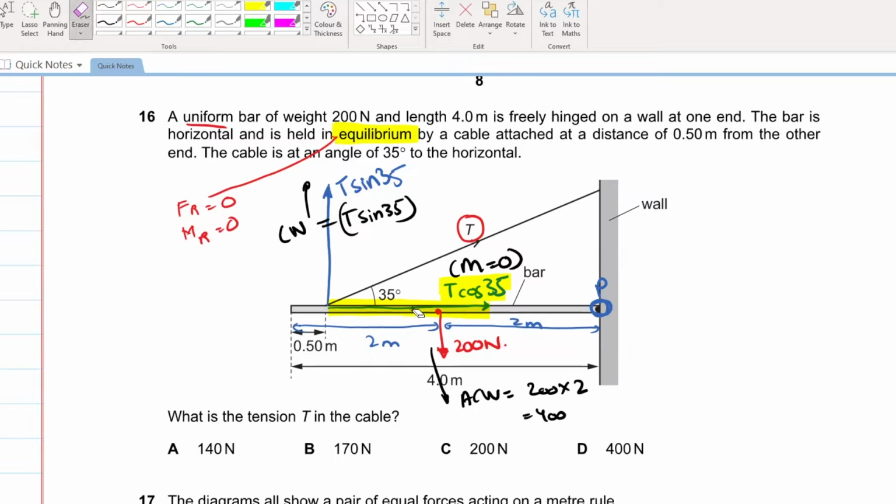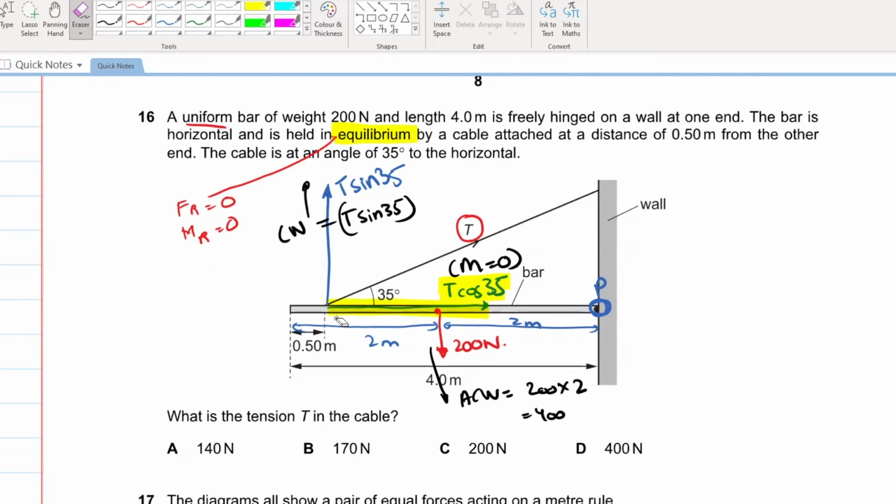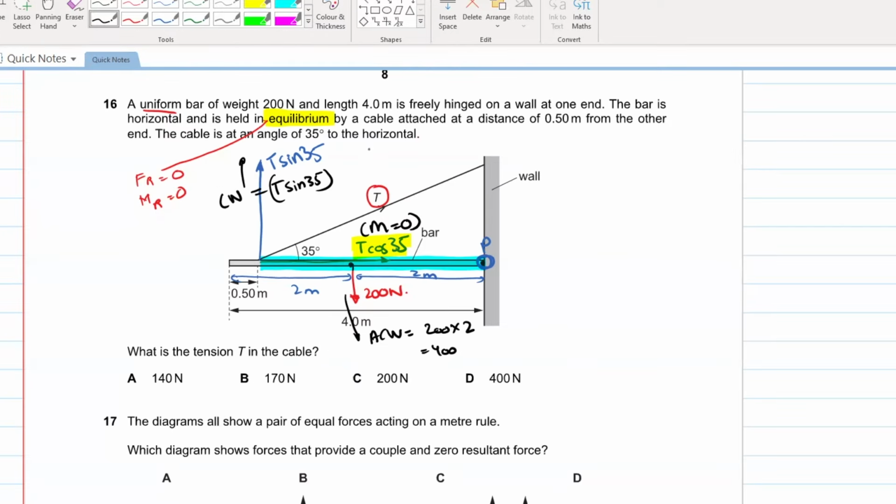Multiplied by this, one second. Let me remove this highlighting. The force that is T sine 35 multiplied by this blue distance. अब बेटा ये blue distance क्या होगा?